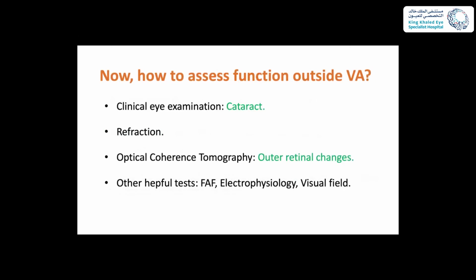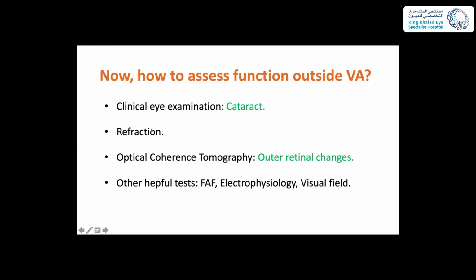So now let's move on and finish the part of our studies, and let's move on to another part of our conclusions. So how can we assess the function outside the visual acuity? First of all, if we examine a patient with a low visual acuity after retinal detachment, we need a good clinical examination focusing on the cataract, because cataract, especially after vitrectomy, is the most frequent cause of low visual acuity for these patients.